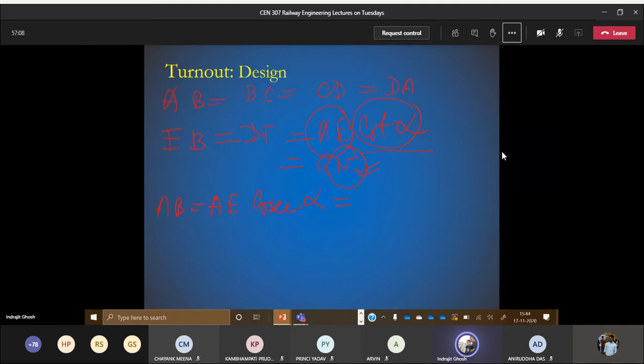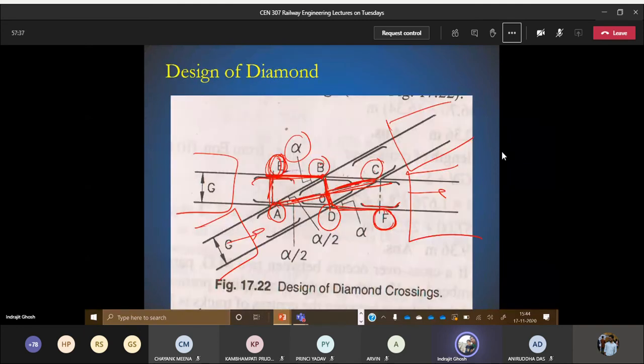So AB is equal to AE cosec alpha, which is G cosec alpha. Now what about AC and BD? AC, what can we say from the diagram? Here you can see that alpha has become alpha by 2 for this particular triangle, ACF.